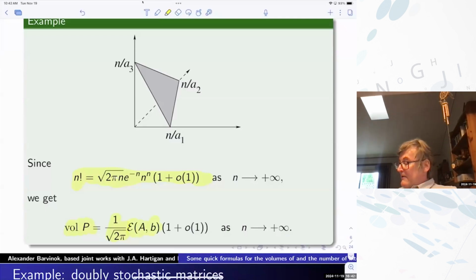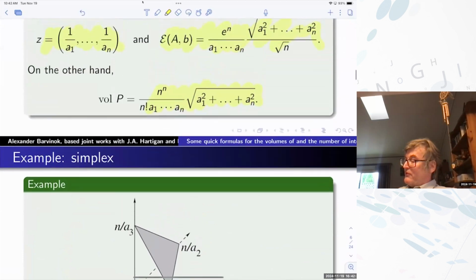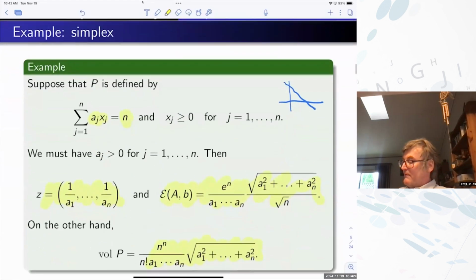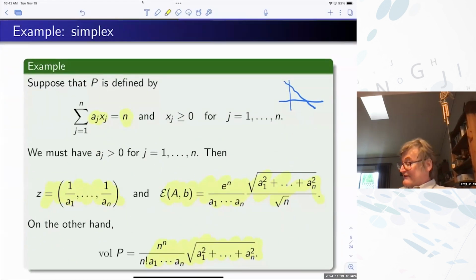The estimate that I advertise approximates the volume within the factor 1 over square root of 2 pi. So going back to the formula, it knows at least something about Stirling's formula, right?